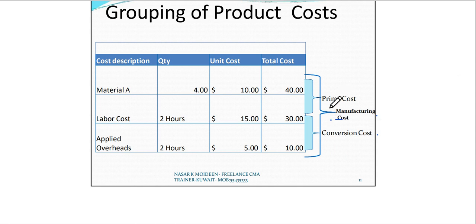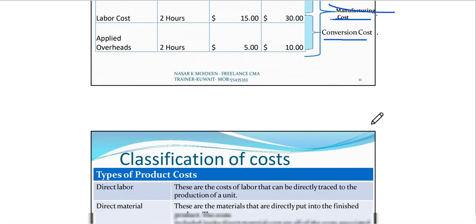So you have three costs now: prime cost, conversion cost and manufacturing cost. Prime cost is material and labor, conversion cost is labor and applied overhead, and all the three make manufacturing cost. Very simple. Okay, so we will go to the next slide.